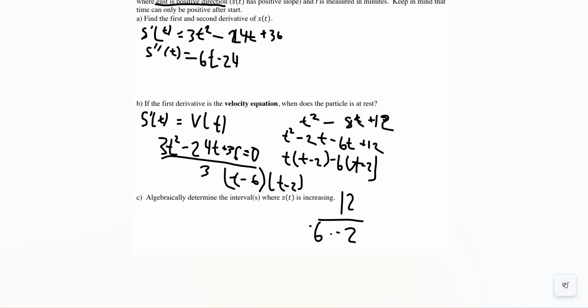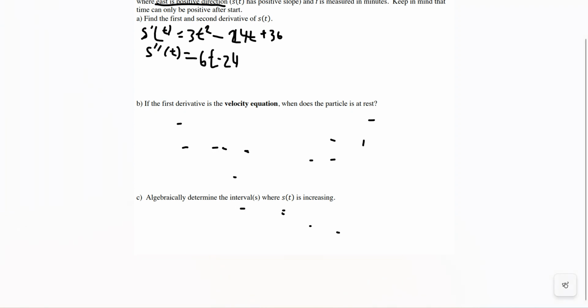Since these are two separate factors, when t minus 6 is equal to 0, t is going to be 6. And when t minus 2 equals 0, t equals 2. So let me erase this so we can put it up there. So t equals 6 and t equals 2.